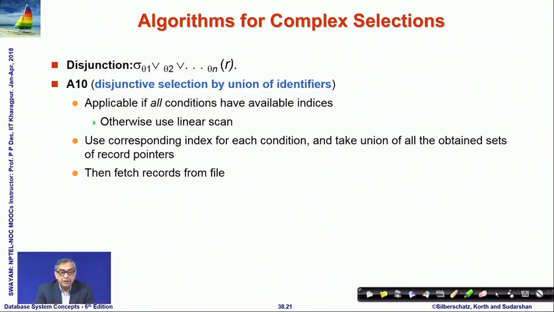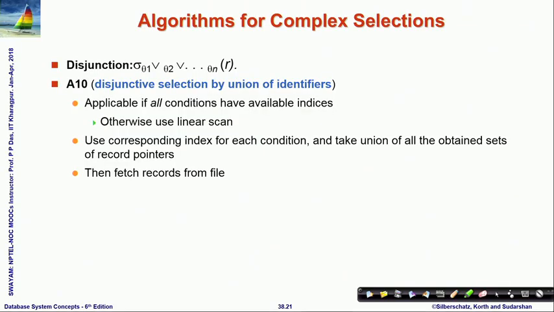Disjunction, that was conjunction. If we want to do disjunction, and all of these conditions have an index on them, if an index is available, then we can do something better. Otherwise, if we do not have that, then it is better to do a linear scan, because all tuples which satisfy theta 1 will be there in the result, those which satisfy theta 2 may or may not satisfy the others, and they will also be there, and so on.